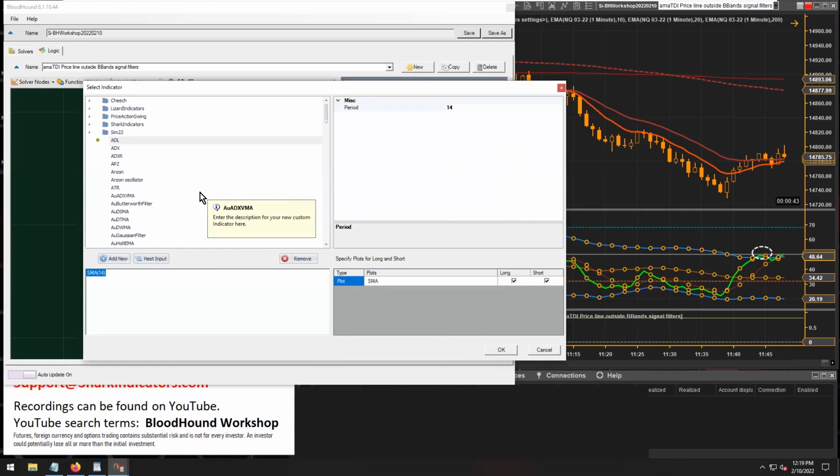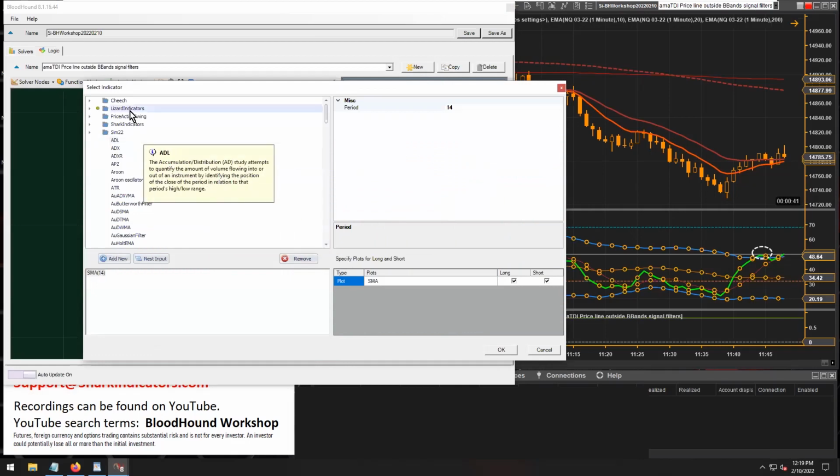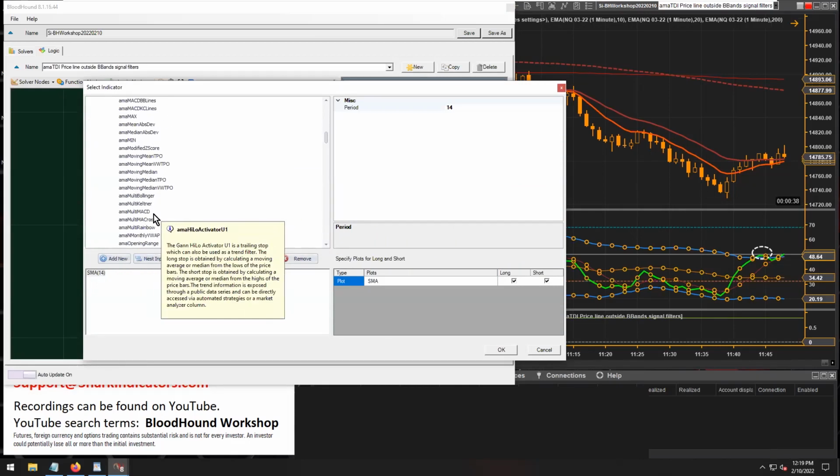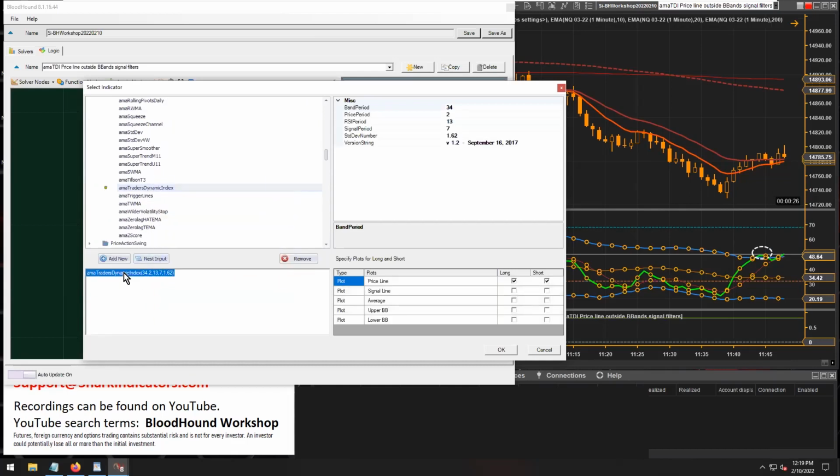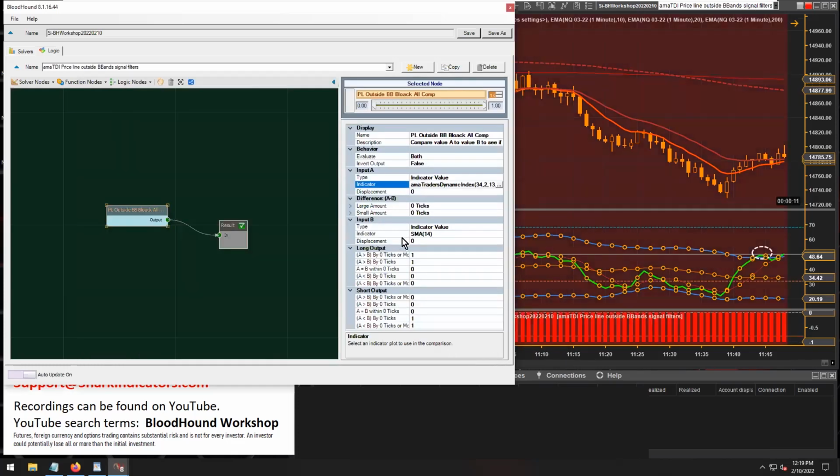So let's get that indicator plugged in here. There you go, the Trader's Dynamic Index indicator, and I'm just using the default settings. The price line is the first one on the list, so there we go, selected. And now input B will be the upper and lower Bollinger Band.